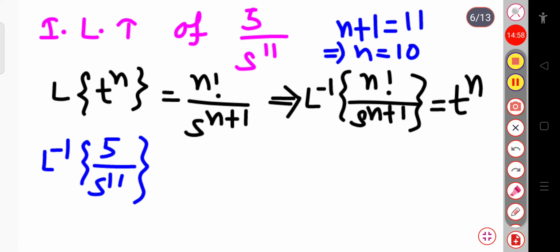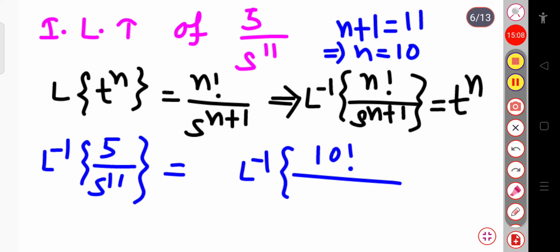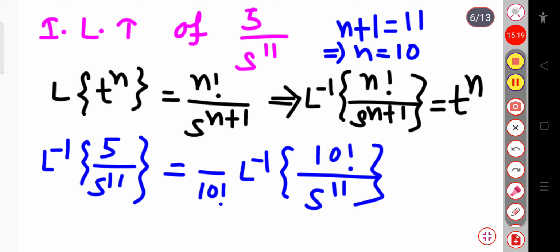Since n equal to 10, this must be like L inverse of 10 factorial divided by s power 10 plus 1, that is 11. This should be in this format. Since here we have written 10 factorial, I have to divide by one term, that is 10 factorial here. And again, because of this 5, I have to write the 5.